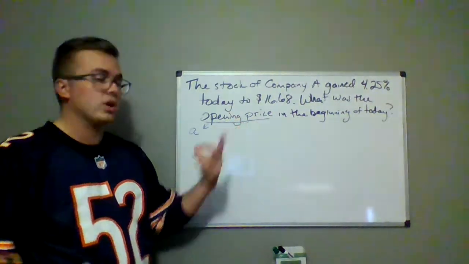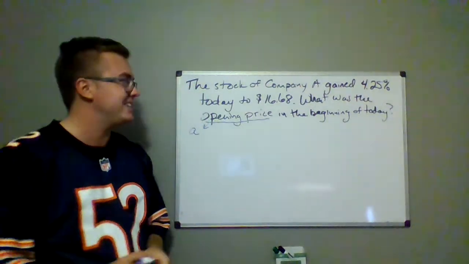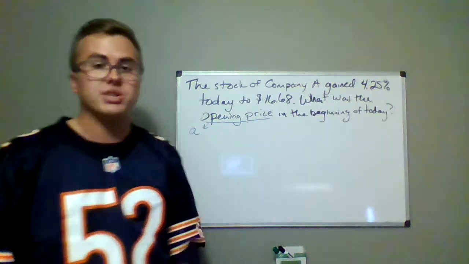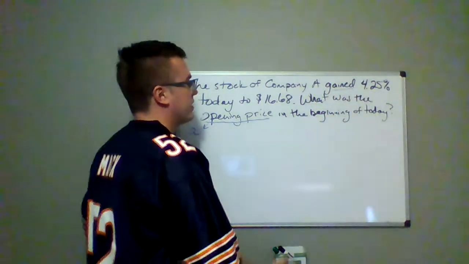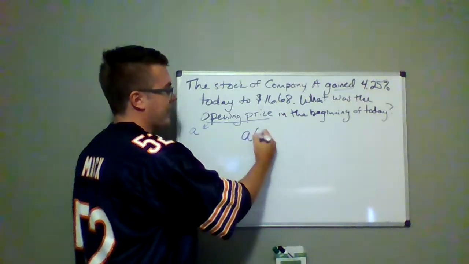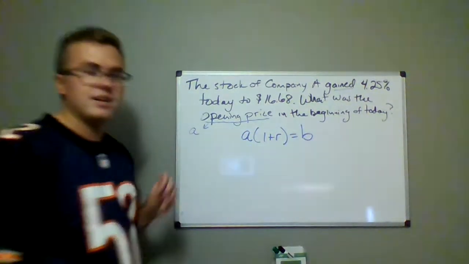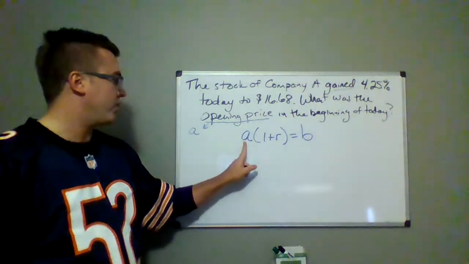Now, when we're looking for the opening price, that means we're using either percent increase or percent decrease. Since it gained 4.25%, a gain means that it's increasing. So we're going to use that A times 1 plus R equals B. And we're going to plug in for R and B because we don't know what A is.